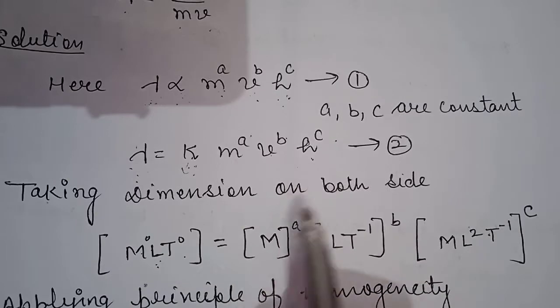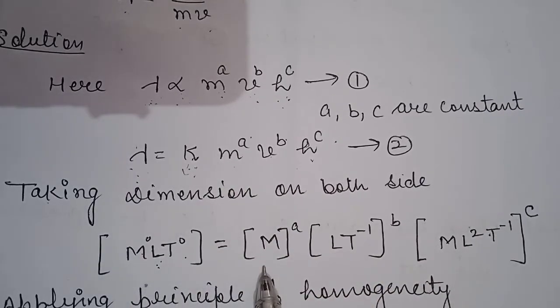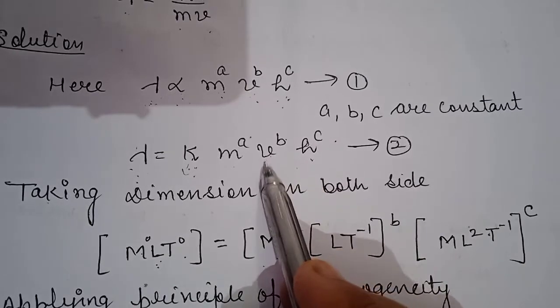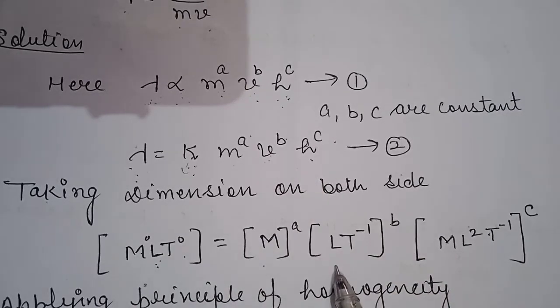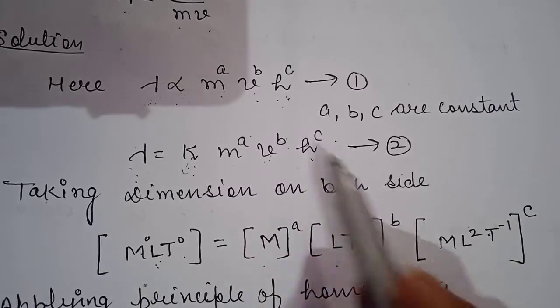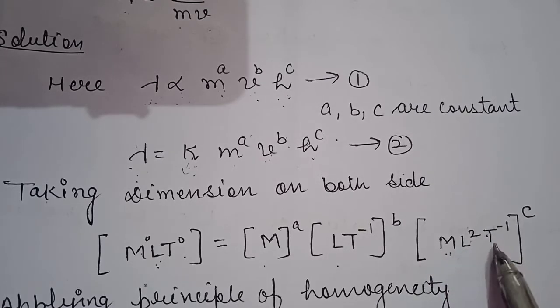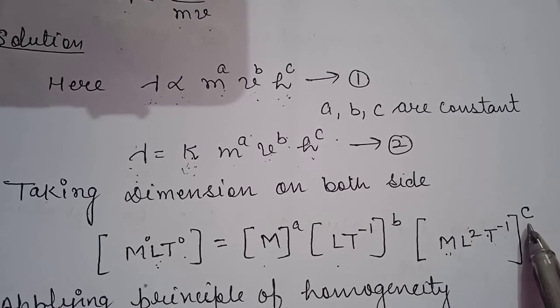On the other side, the dimension of mass m is M, the dimension of velocity v is L T minus 1 raised to power b, and Planck's constant h has the dimensions M L square T minus 1 raised to power c.